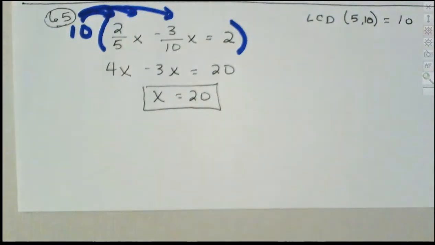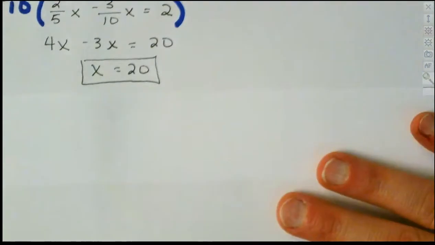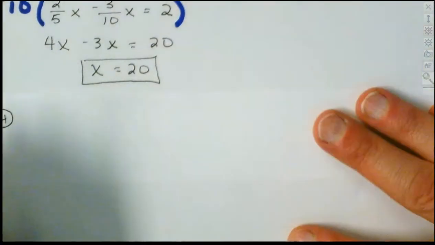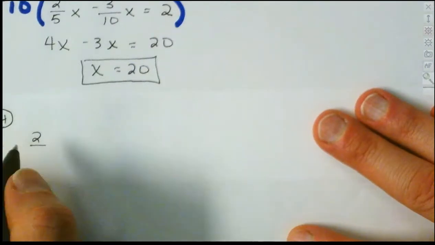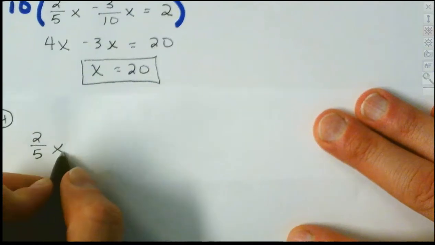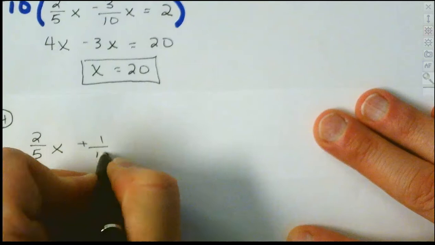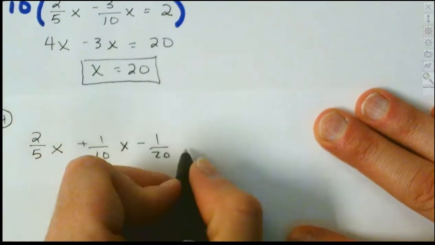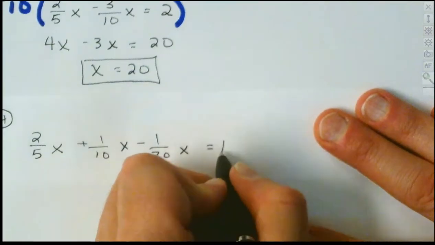Let's try one that has more pieces, 74. And 74 is 2/5 x plus 1/10 x minus 1 over 20 x equals 18.